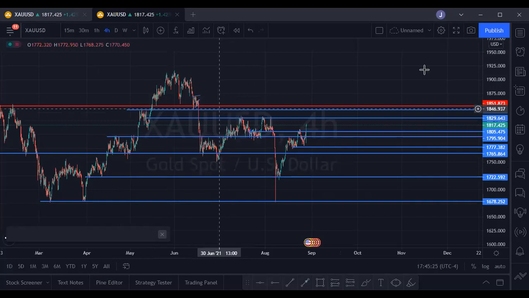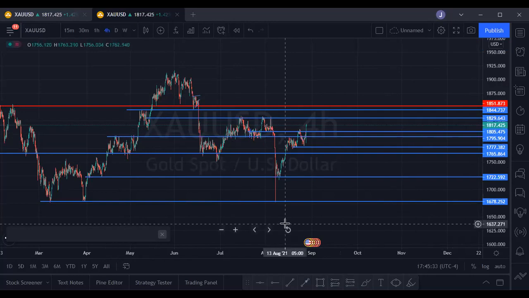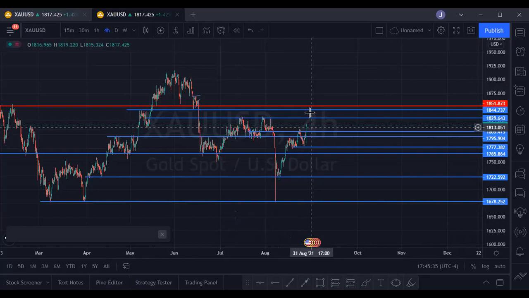The chart is now finally loaded. I will be expecting it to hit 1829, possibly sell down again or break out.